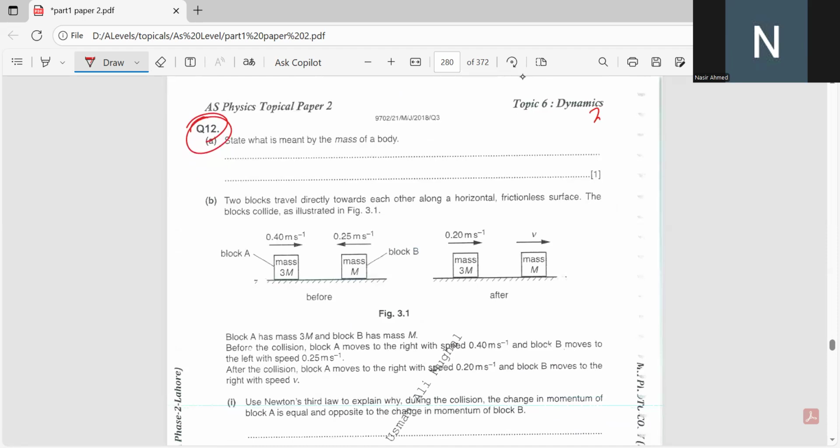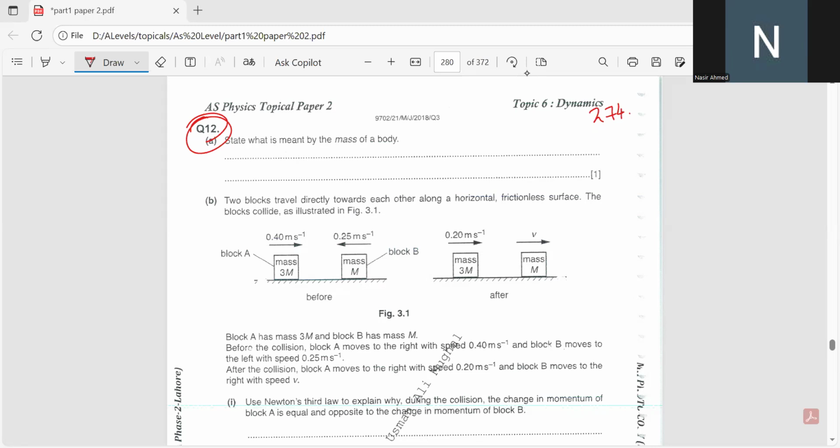Come to page number 274, question number 12. Question says, what is meant by mass of a body?